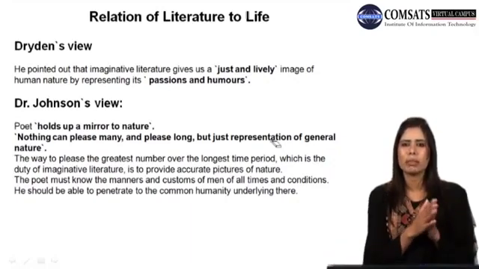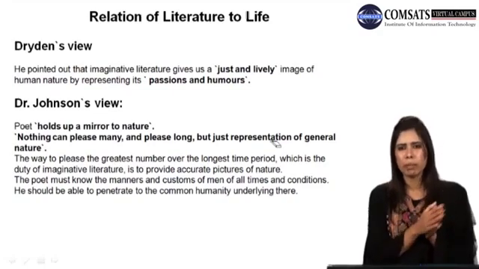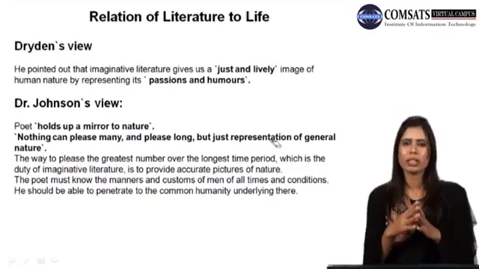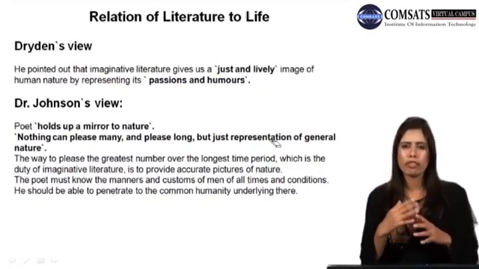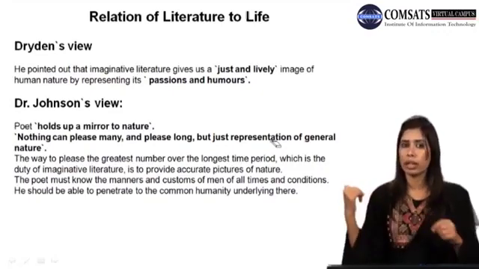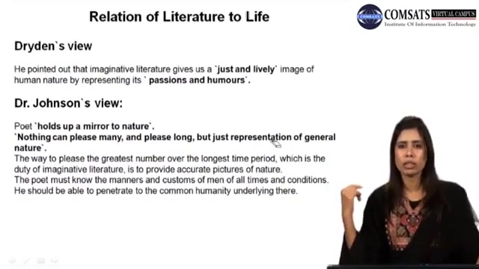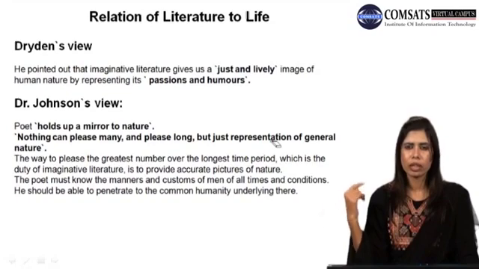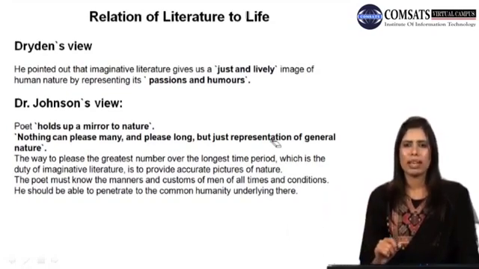So this literature is about general nature. That is why it is accepted by many people in the society, and it has a long-lasting effect as well, because we can relate it to the previous concept that was given by another critic, that was by Aristotle.